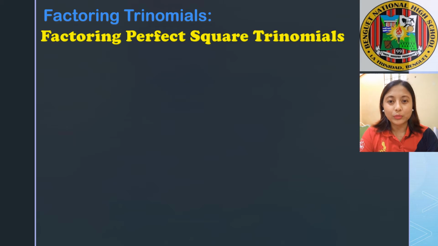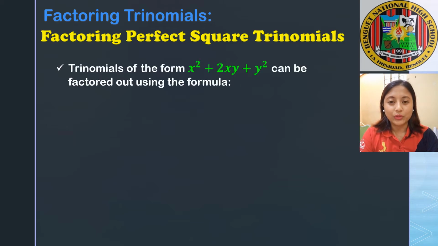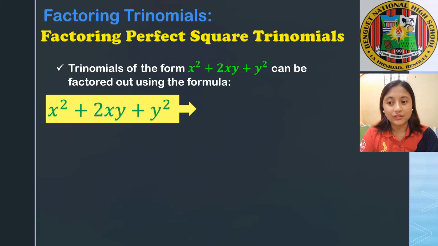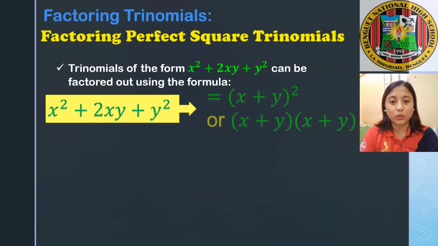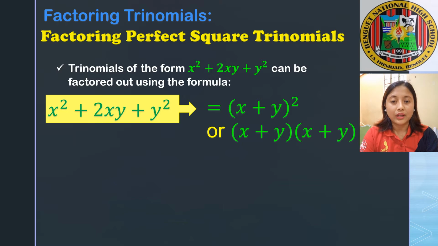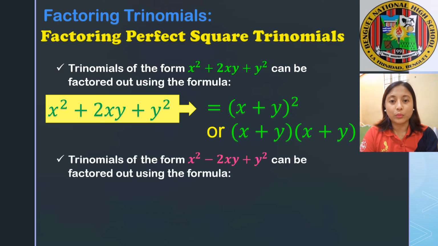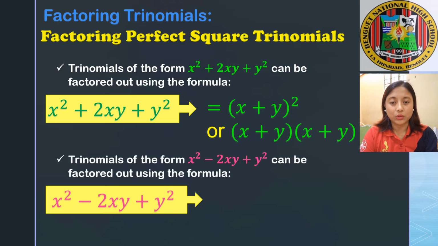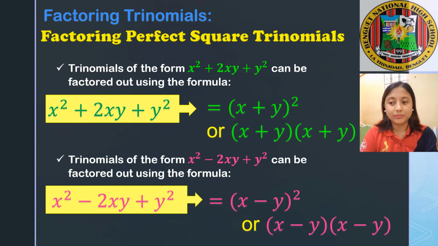To factor out perfect square trinomials, we follow the following patterns. If the trinomial has the form x squared plus 2xy plus y squared, then the factors are the quantity x plus y squared. If the trinomial is of the form x squared minus 2xy plus y squared, then the resulting factors are the quantity x minus y squared.